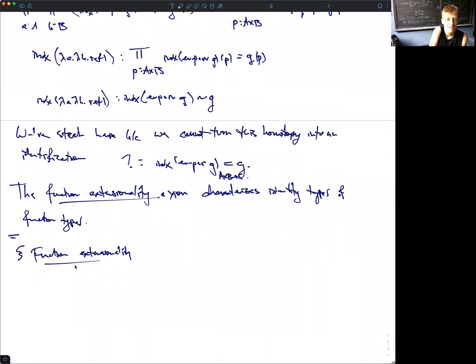Yeah, so there's a suggestion in the chat that it's more primitive. That's certainly true in the proof assistants. I guess I don't know, but I think it probably is more primitive, and I'm happy to accept that.